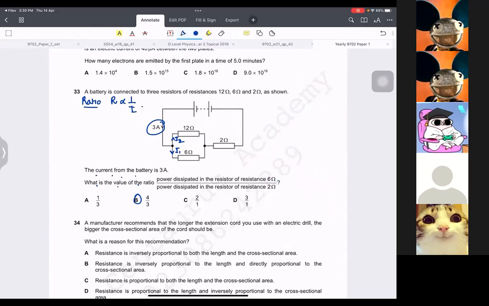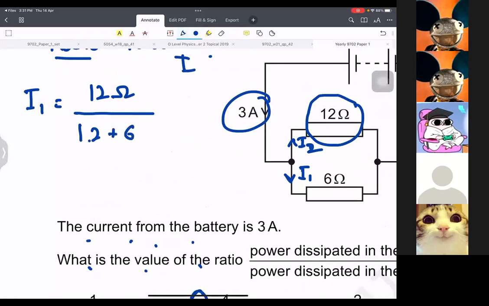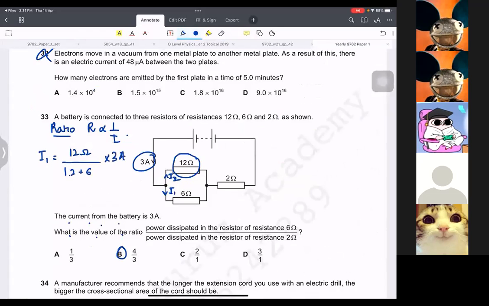So if you want I1, you take this resistor and put it on top because of inverse proportion, and then add both of them. That is going to be 12 plus 6, right? And then multiply by the total current. This will give you the answer with this method.